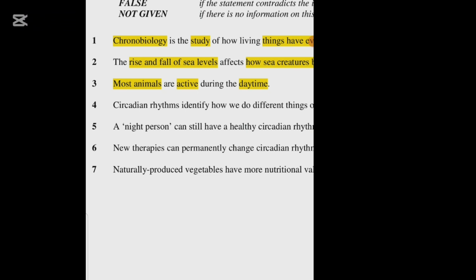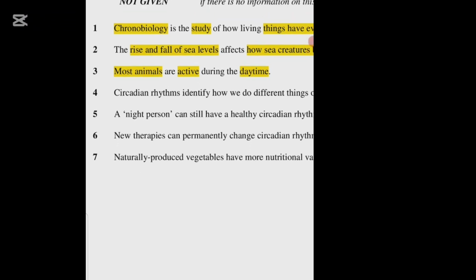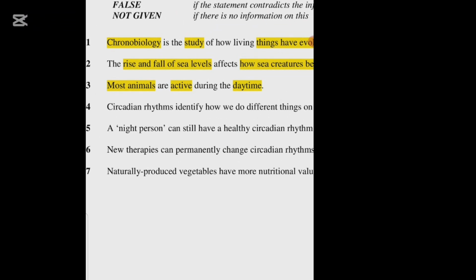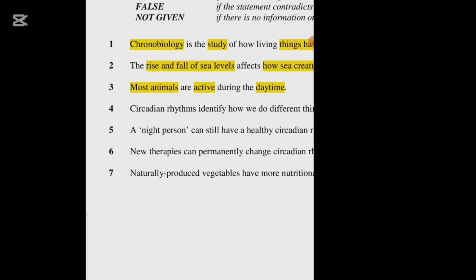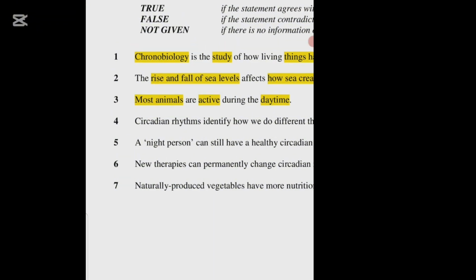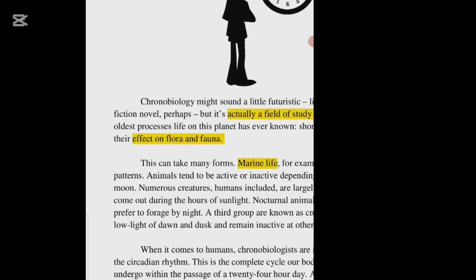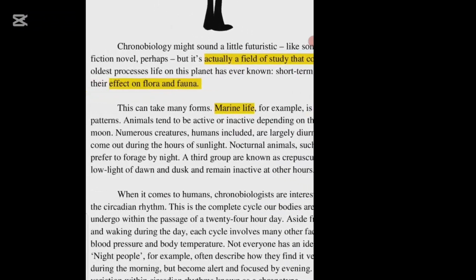Being active can also mean to be up and about with their activities, right? Most animals means majority of animals. So I try to figure out in what possible ways the keywords I have can be rephrased before moving into the text. So moving into the text now, we're continuing right from where we left off, right?